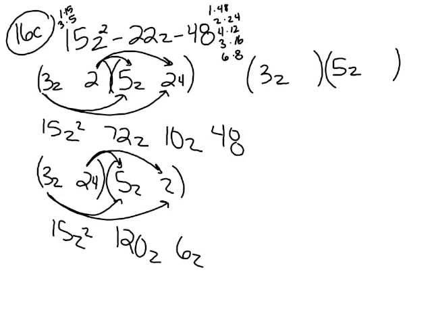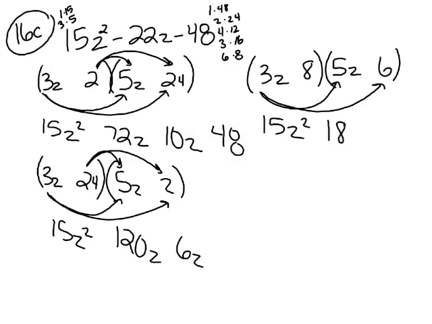Oh, you're close. Oh wait, that would be bad. No, we want to switch those. It's okay. 3z times 5z, 15z squared. There's an 18z and a 40z, and a 48.